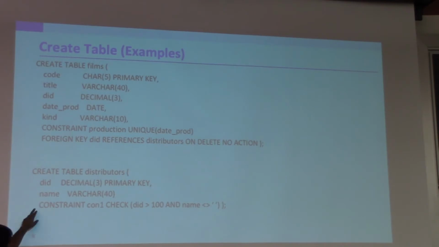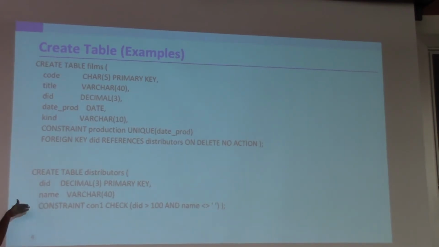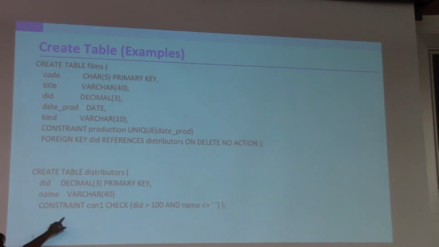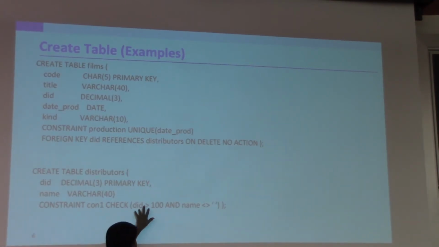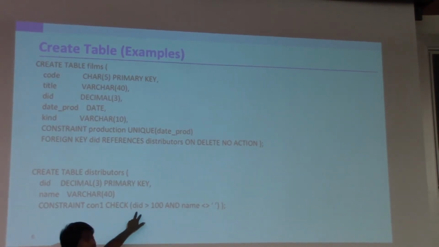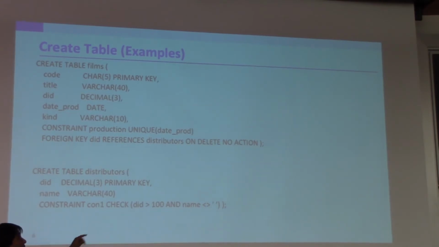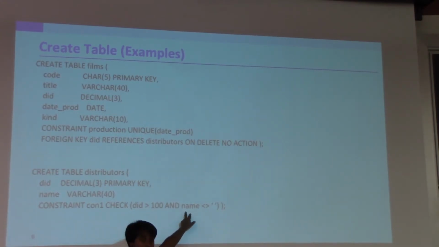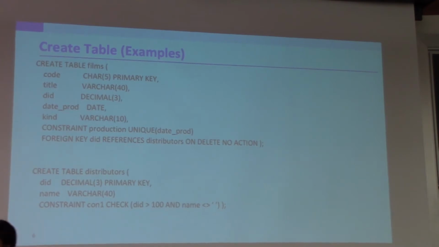And here is something that uses the table constraint. See, we specify this one at the last. So these are the examples of the table constraint. And over here, there are two things, DID and name. So what is the constraint? That I should have the DID value greater than 100 and name should not be null or blank.